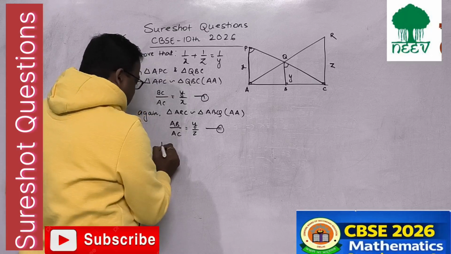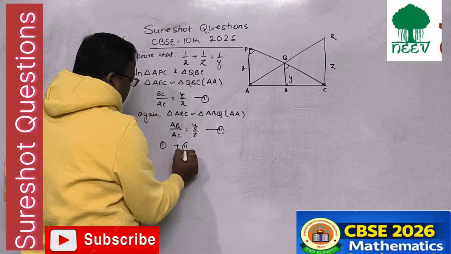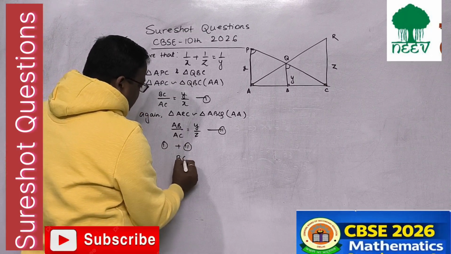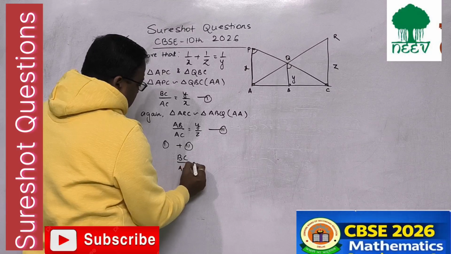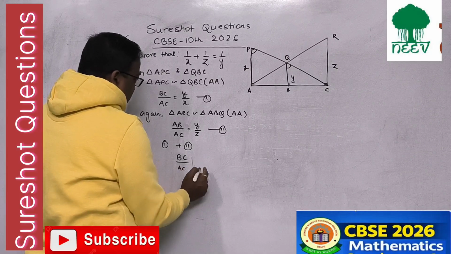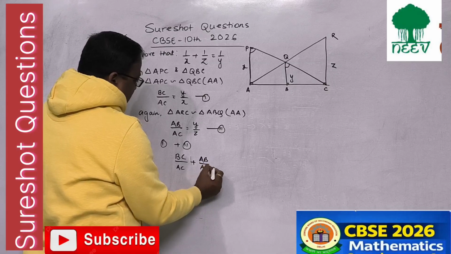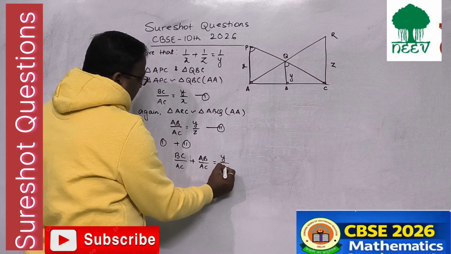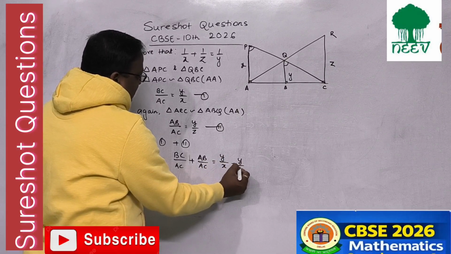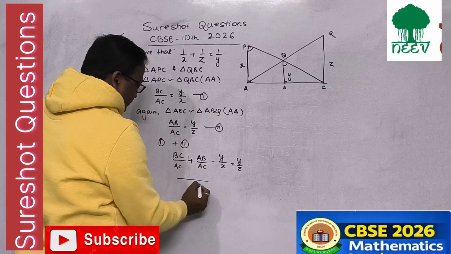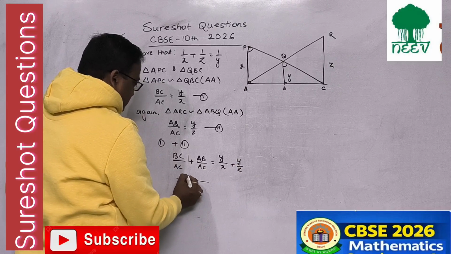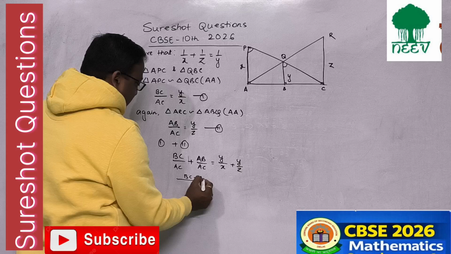Now, just add 1 and 2. So BC by AC plus AB by AC becomes y by x plus y by z. Now, AC is the denominator, BC plus AB.